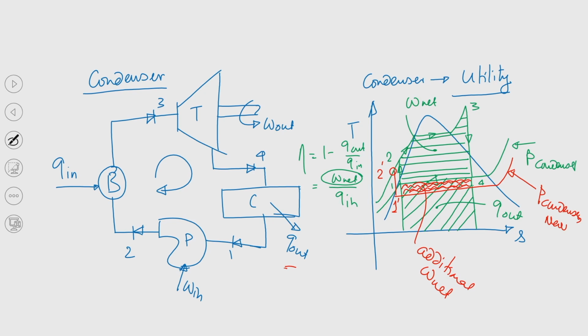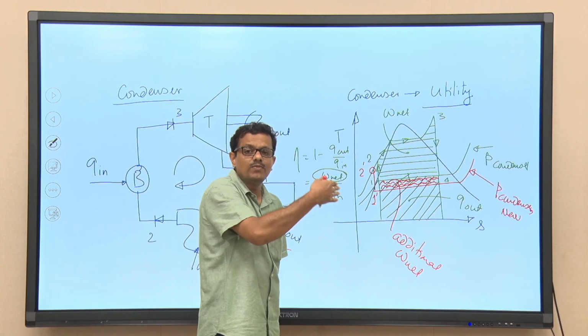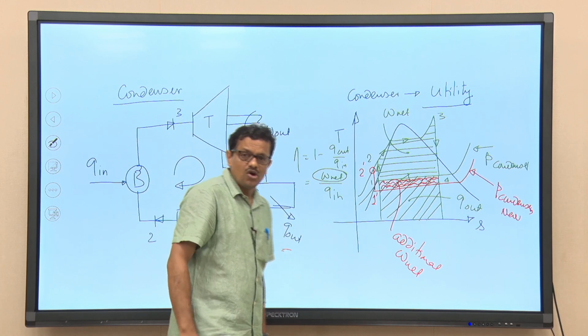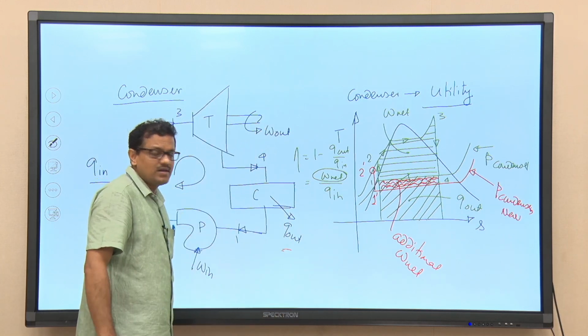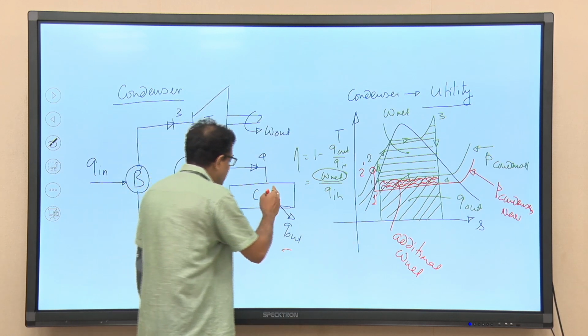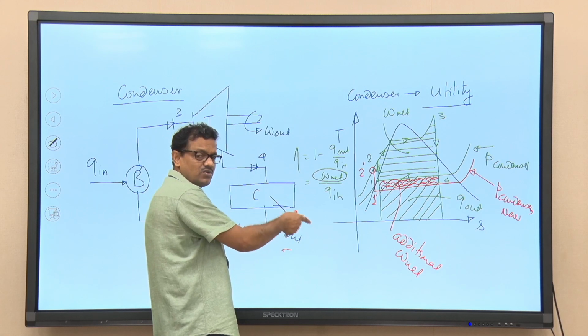Now I will come to the question that the condenser is a component wherein we will have heat transfer. Though we can assume that all the processes are internally reversible, there is transfer of heat from the steam into the water.